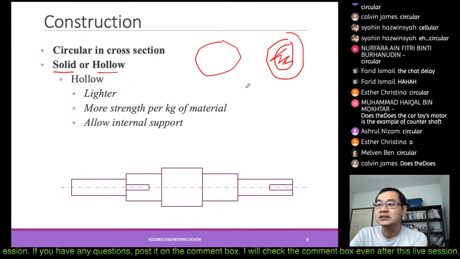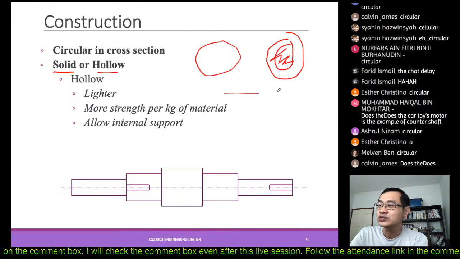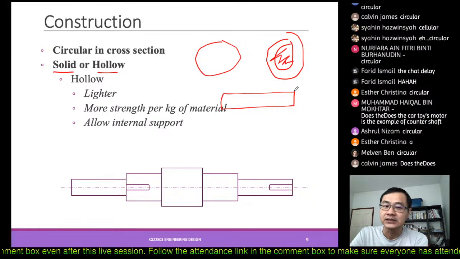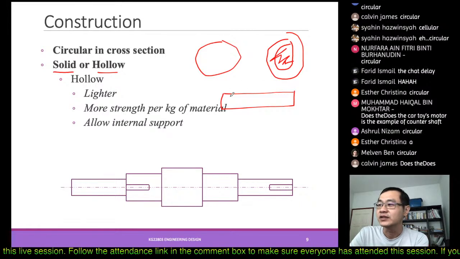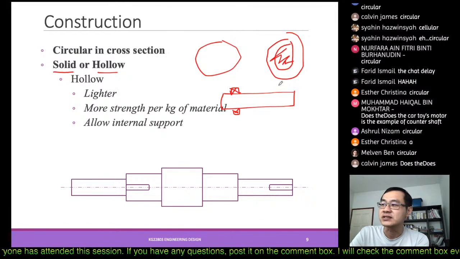Also they allow internal support, meaning to say, if we use a solid type of shaft, you may want to support it, then you may put a bearing outside.